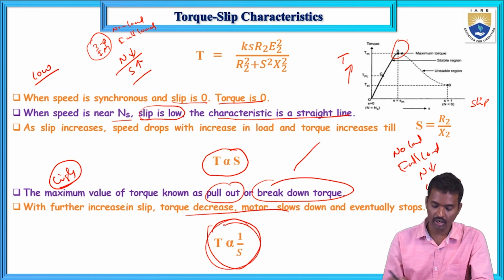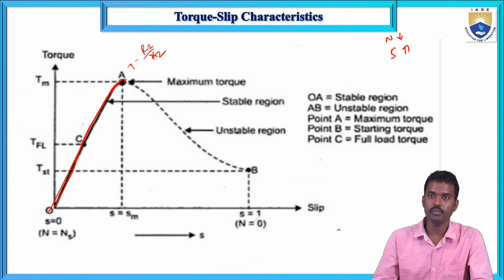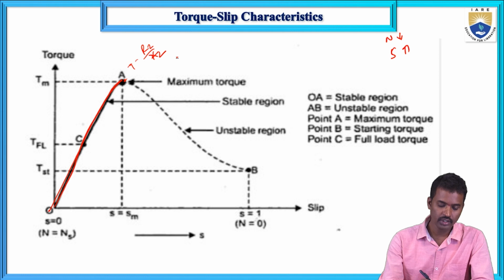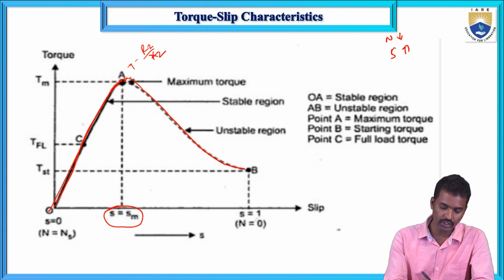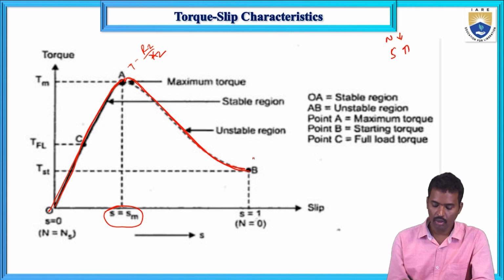So in that case, torque is inversely proportional to the slip, up to the maximum value. In this case, it is a rectangular hyperbola. Now up to B, this is up to the B value.